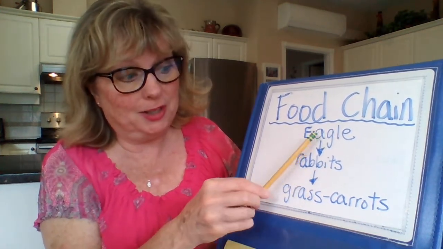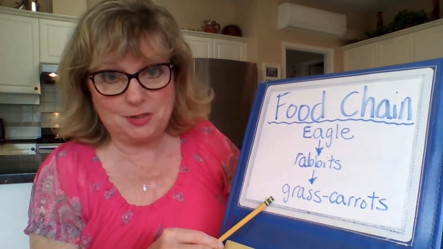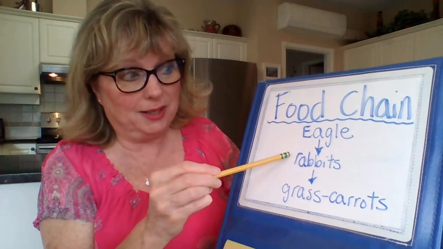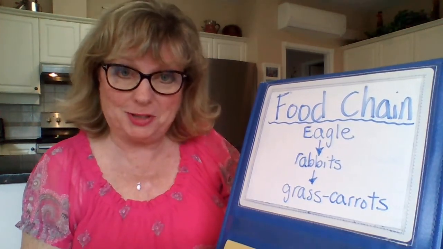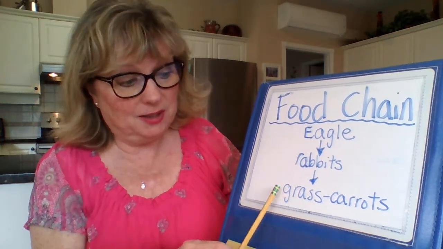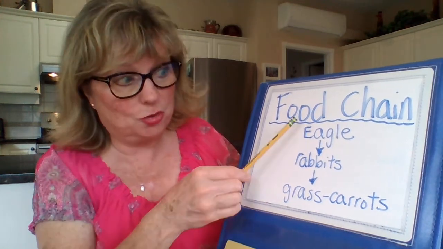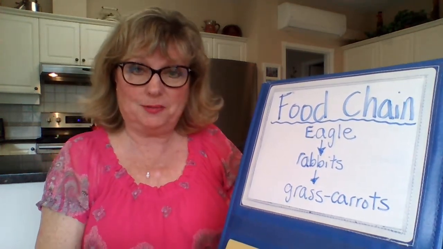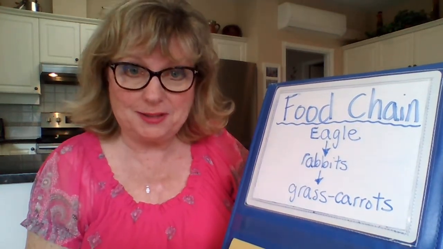And then the eagle eats the rabbit, and the eagle gets all the nutrients from these plants as well. So this is quite a food chain, isn't it? The eagle happens to be the big predator at the top, and the rabbit would be the prey. And this is the ecosystem that they live in. They have grass and carrots and trees, so they live in a forest, right? So that's how the word food chain works for us.